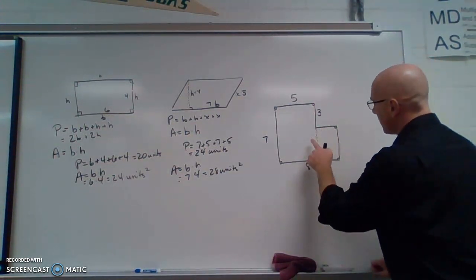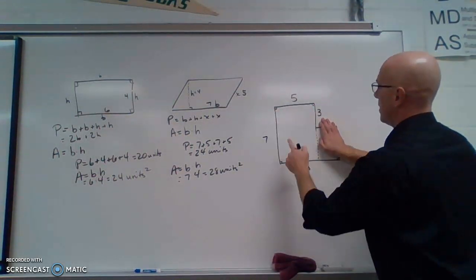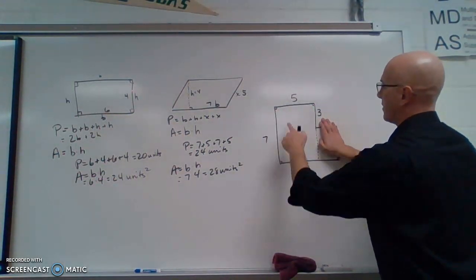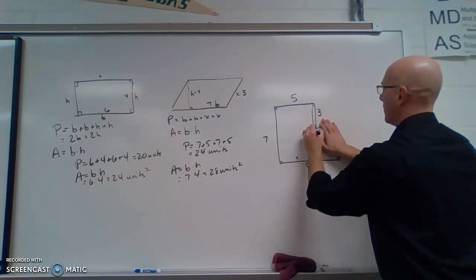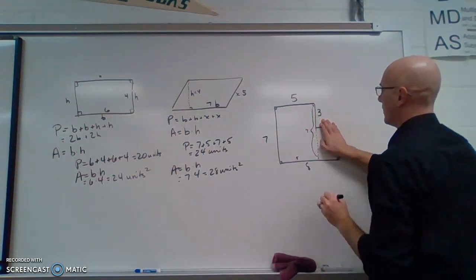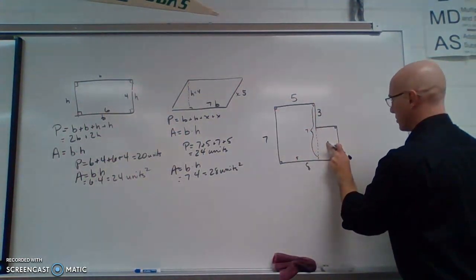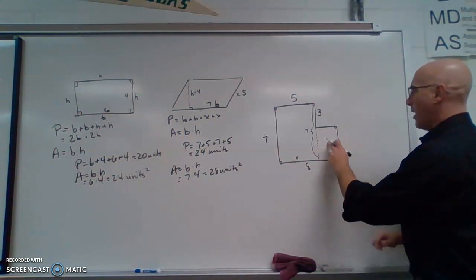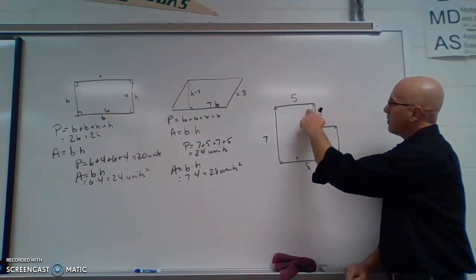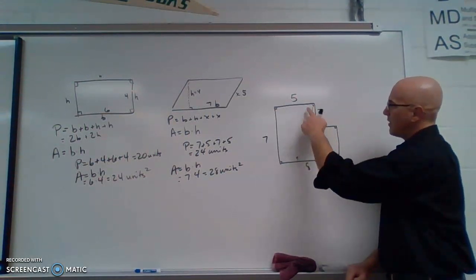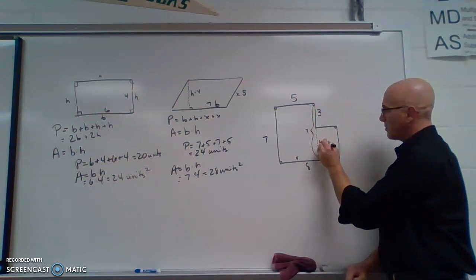Now if I just look at this rectangle here, I have a 7 by 5. This is also 5. Then I have this rectangle also. So now, what are my measurements here? Well, I know that if this whole thing is 7 and this small thing is 3, this dotted line has to be 4.